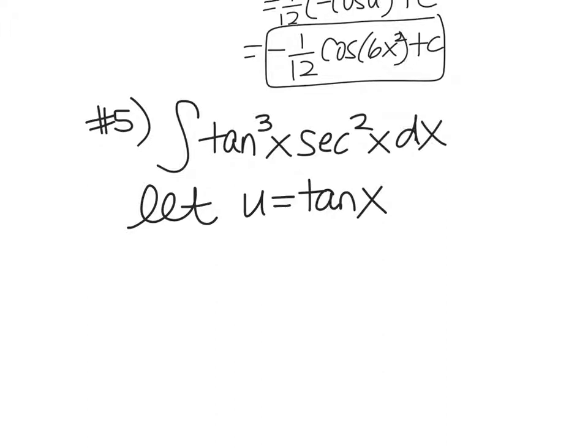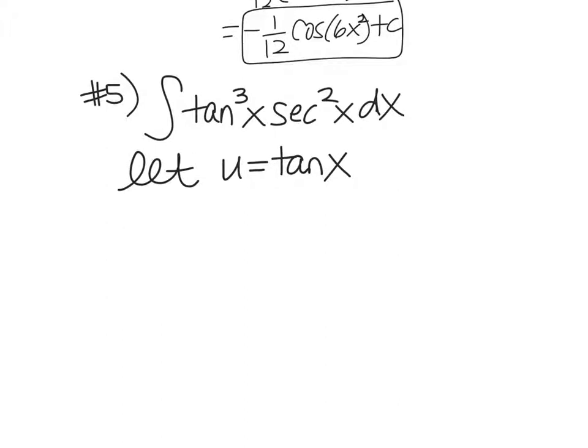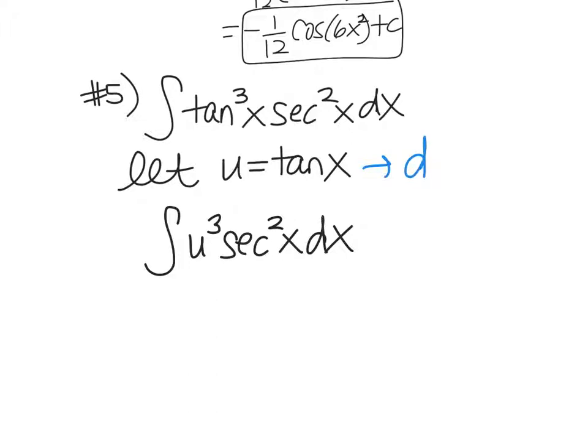It's kind of a little bit different. Let u equal the tangent of x. Okay, I'll walk through this with you. All right, so it's the integral of u cubed secant squared x dx. And then up here, du dx equals, what's the derivative of tangent x?